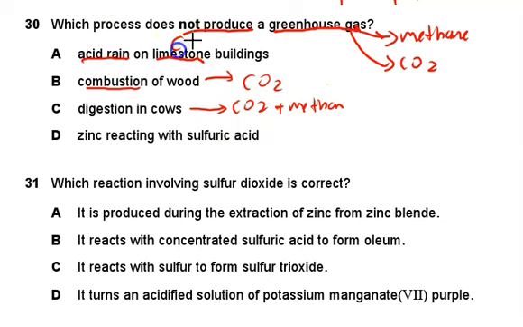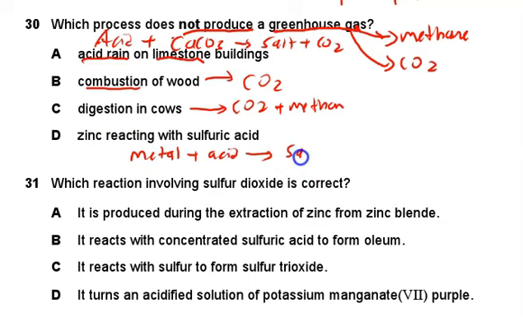Okay, limestone is calcium carbonate. So when you have acid reacting with carbonate, what will happen? You will have the salt plus carbon dioxide and water. Okay, look at D, zinc metal reacting with acid. So here you will have the salt plus hydrogen gas. So only this process does not produce the greenhouse gas.